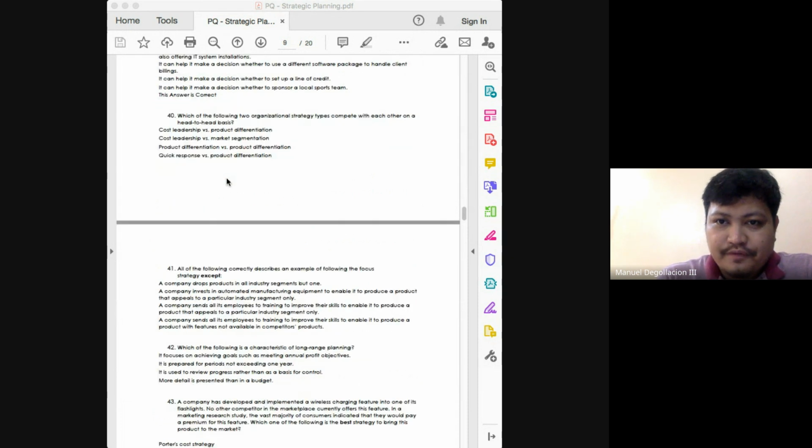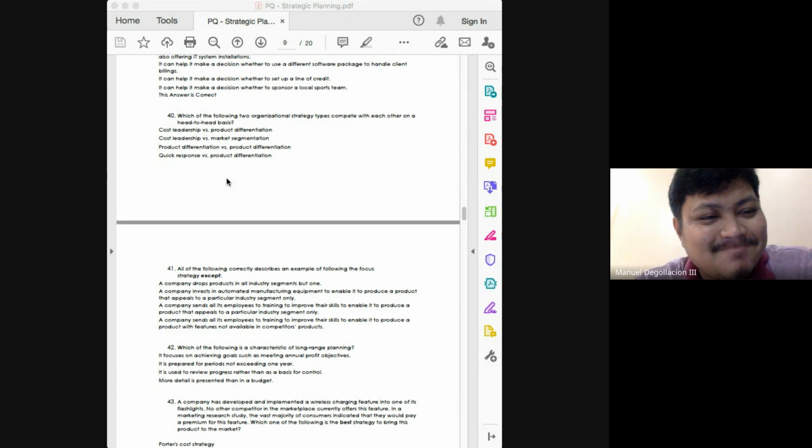Number 40, which of the following two organizational strategy types compete with each other on a head-to-head basis? The answer here, class, would be letter C, product differentiation versus product differentiation. If you are on a cost leadership, you're just trying to be the most affordable.